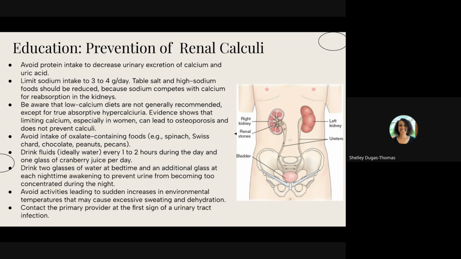Oxalate is a compound in some foods that can bind with calcium to form kidney stones. The client should limit or avoid foods high in oxalate, such as beets, soy products, spinach, sweet potatoes, rhubarb, and peanuts. Drinking adequate amounts of water helps to flush the kidneys and provides adequate hydration, which decreases the chance of stones forming and also overall dehydration.